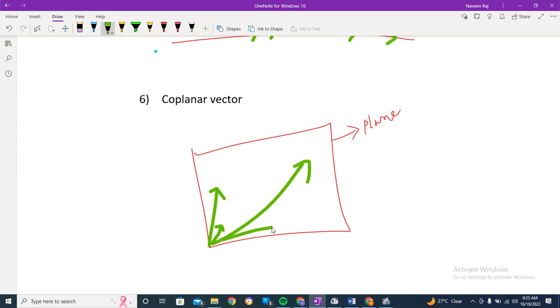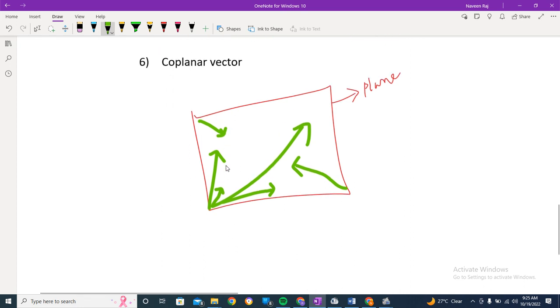They are all lying on a similar plane. This is also a coplanar vector, because they are lying on the same plane. This is how it works, and these are the types of coplanar vector. I hope that you got it, it's a kind of simple thing.